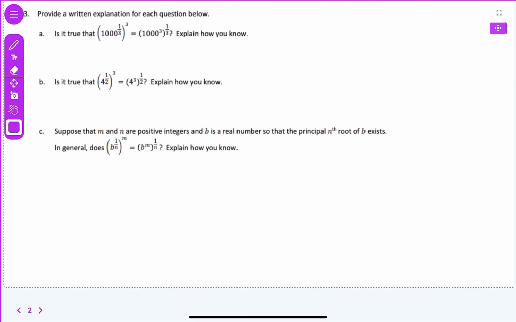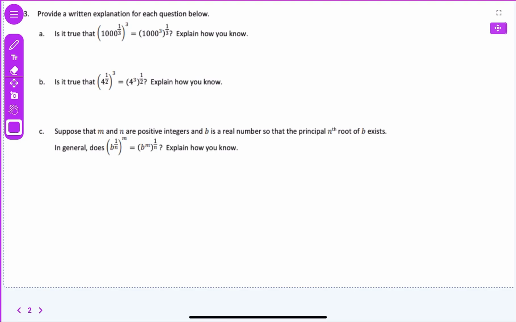All right, page 2. This was a long exit ticket. Provide a written explanation for each question below. Is it true that 1,000 to the 1/3 power to the third power is equal to 1,000 to the third times to the 1/3 power?